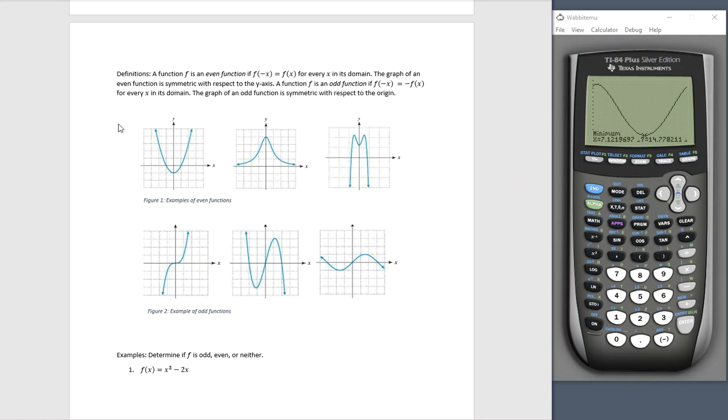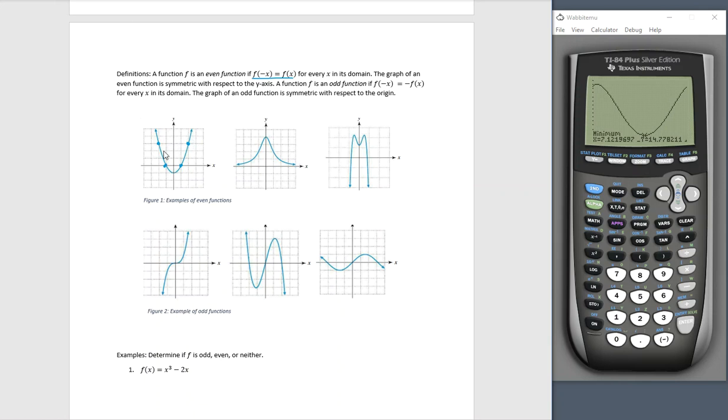All right, so let's look at these even functions. For an even function, f of negative x is equal to f of x. So if I put in a negative 1, I get the same output as if I put in a positive 1. If I put in a negative 2, I'll get the same output as if I put in a positive 2. And that's how f of negative x compared to f of x works.